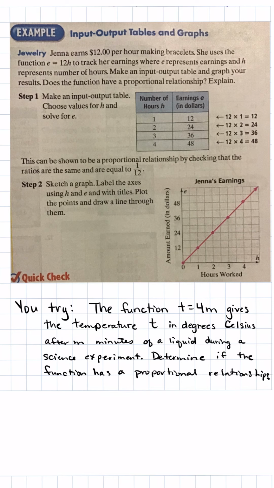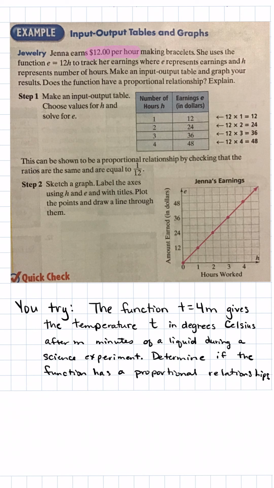Okay, so now we're going to look at input-output tables and graphs. You can graph a function with a proportional relationship by making an input-output table. This can help you organize your information you're given. So Jenna earns $12 per hour making bracelets.